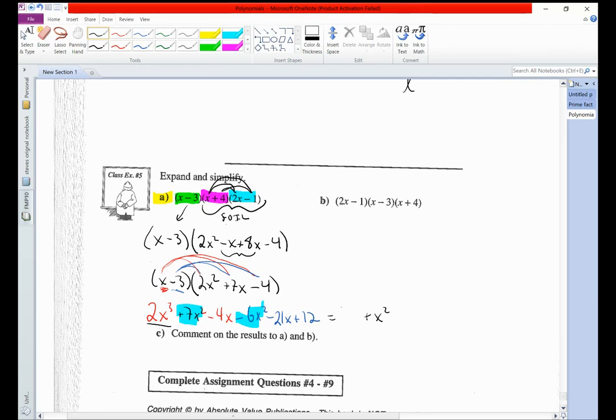There's no other x cubed term, so we just carry that, 2x cubed. And then we have a negative 4x term and a negative 21x term. So if I have negative 4x's and I subtract 21 more x's, I have negative 25x's. And then we have this constant term back here, plus 12, and there's no other constant terms. So we could say plus 12.